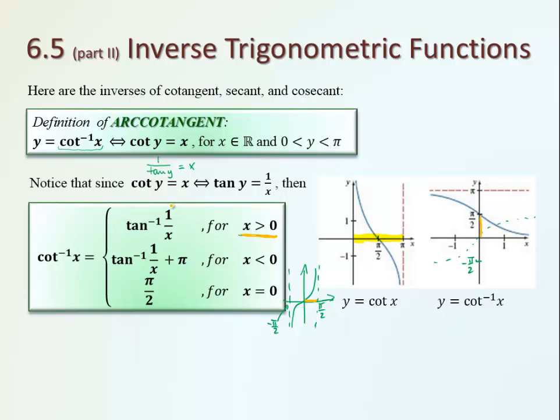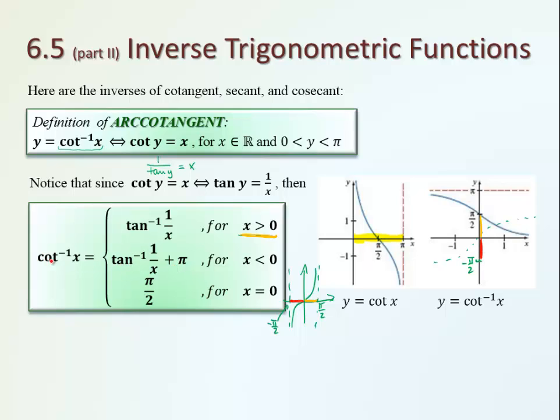That means the range of this expression is from 0 to pi half. However, for negative x's, this section of the restricted domain will fall into the fourth quadrant, which is from negative pi half to 0. So the values will be the same, but actually shifted to different quadrants.